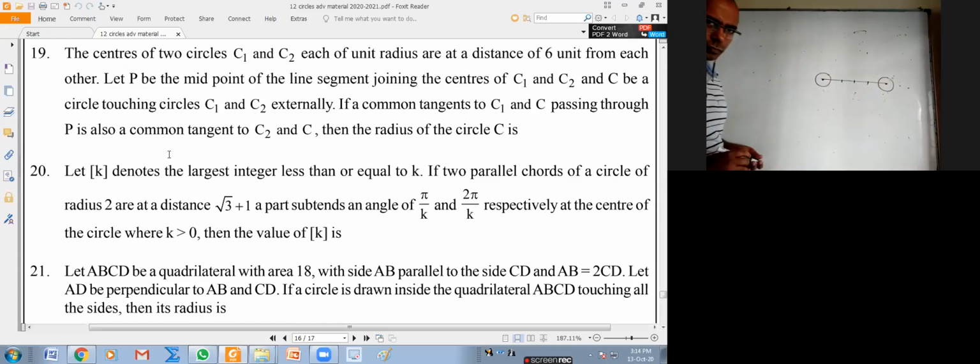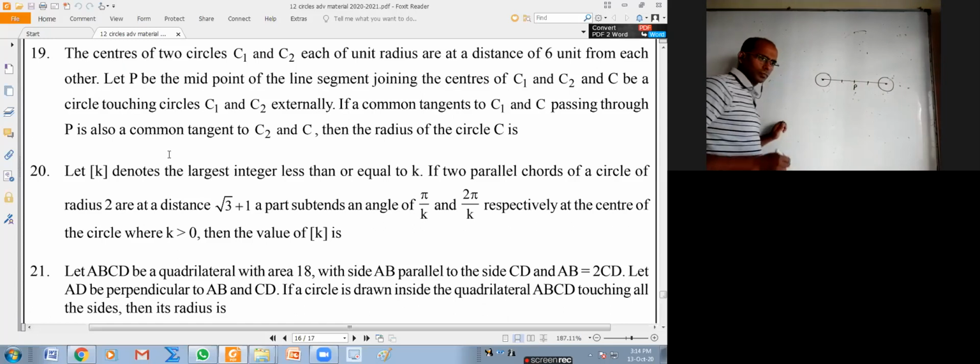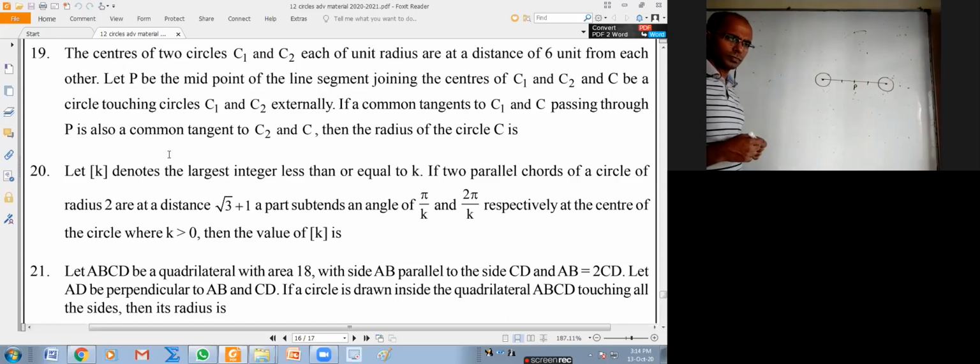P is the midpoint of the line segment joining C1, C2. C is a circle touching the circles C1 and C2 externally.